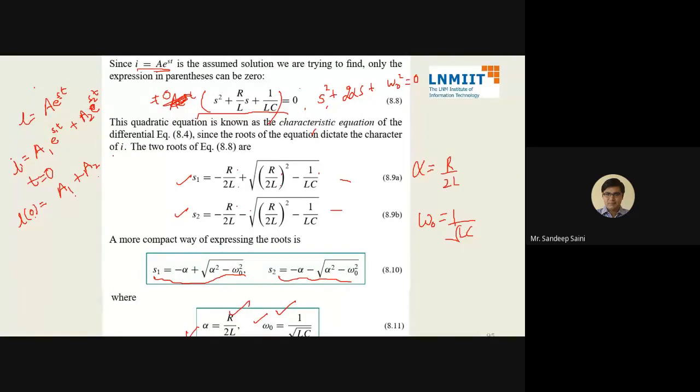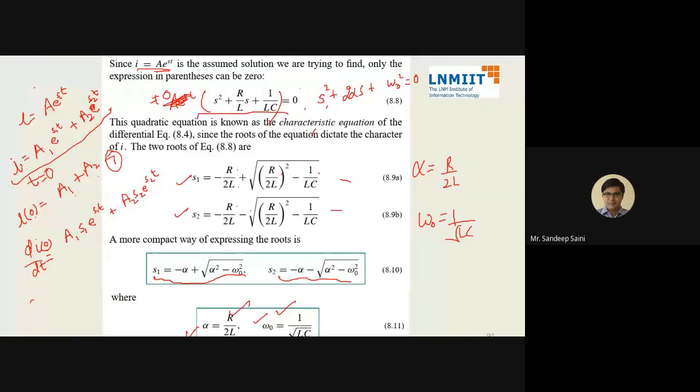I got one equation. Now what I do, I take this equation again and differentiate. That means di by dt equals A1 s1 e raised to power s1t plus A2 s2 e raised to power s2t. Now again take the value at 0.